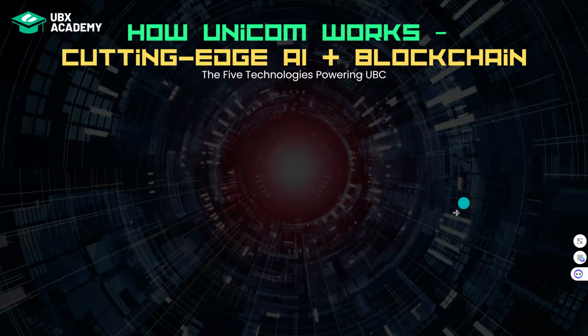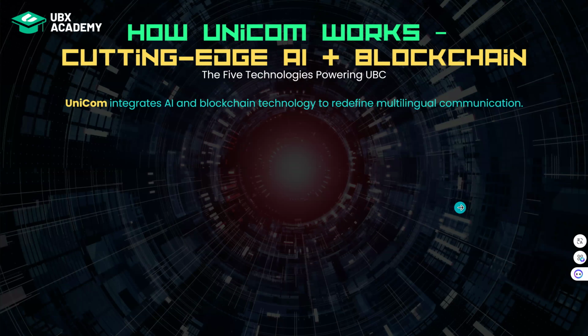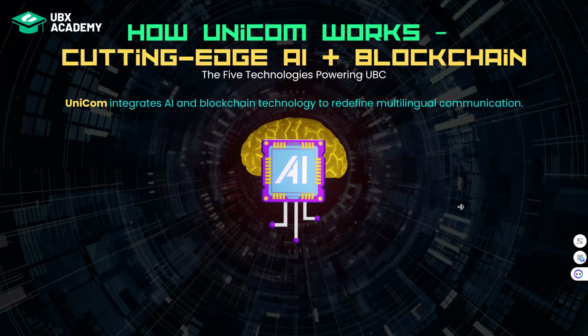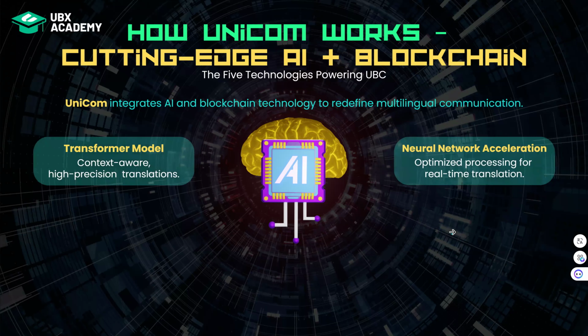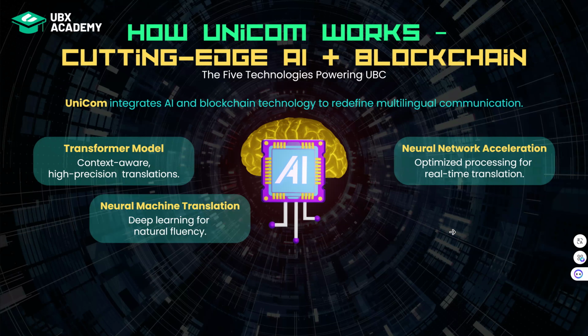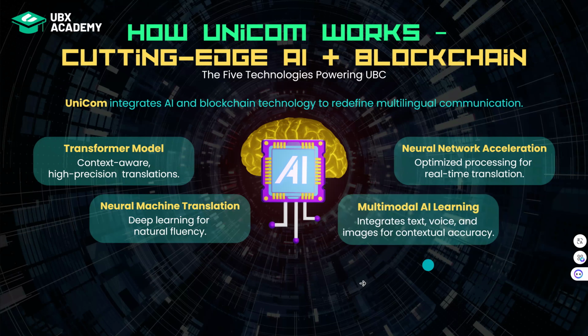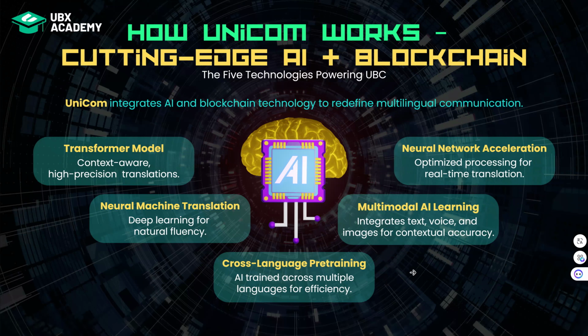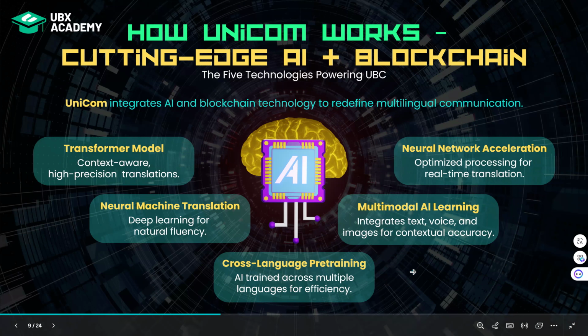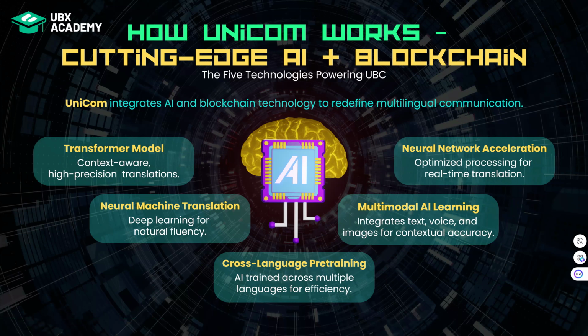Next, let us take a look at how Unicom works through its cutting-edge AI and blockchain technology. Unicom integrates AI and blockchain technology to redefine multilingual communications with five technologies: the transformer model, neural machine translation, neural network acceleration, AI learning, and cross-language pre-training.